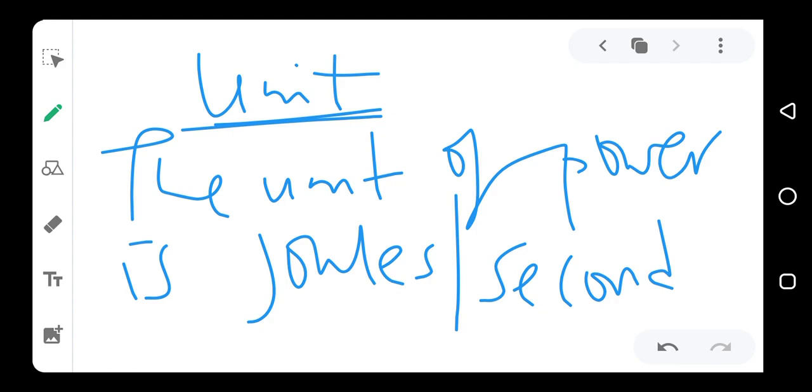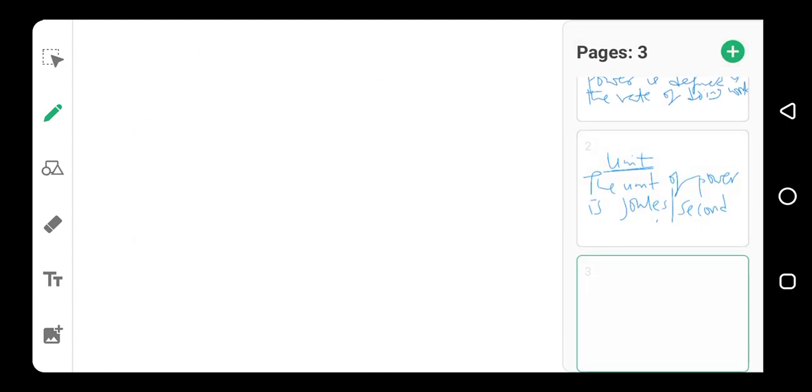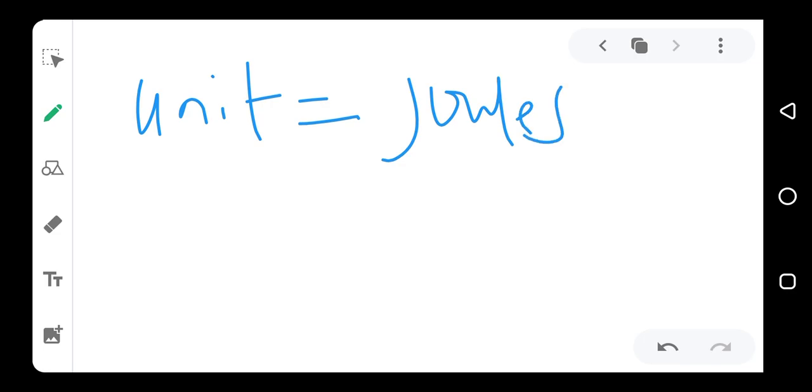Instead of writing it this way using a division sign, we can combine it and write that the unit can also be written as joules second raised to power minus 1.